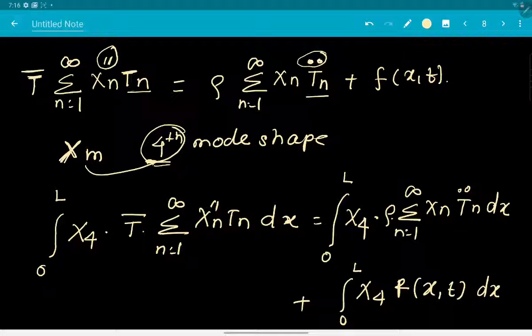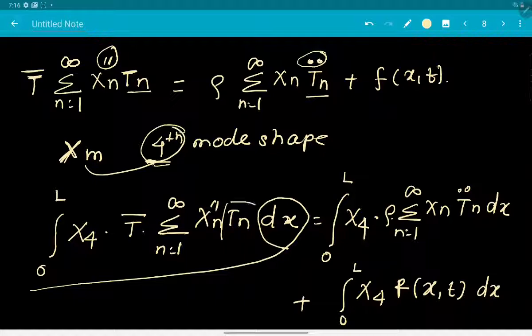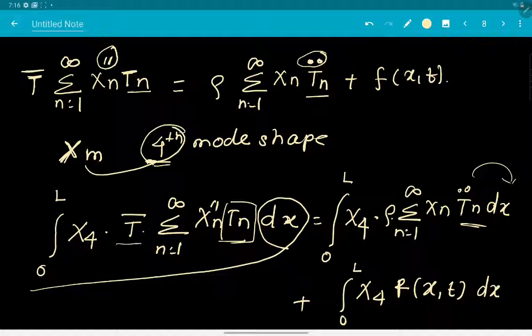Now I'll slightly simplify it and write it in this way. You need to appreciate that you are integrating with respect to x, and this Tn has nothing to do with x, so it can come out of the integration. Similarly over here, this can also come out. However, I am not taking this T bar and rho out of the integration, because the kind of string that we are talking about is a very specific case where rho and T are not changing with x.